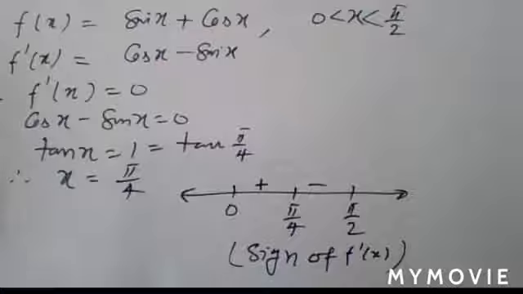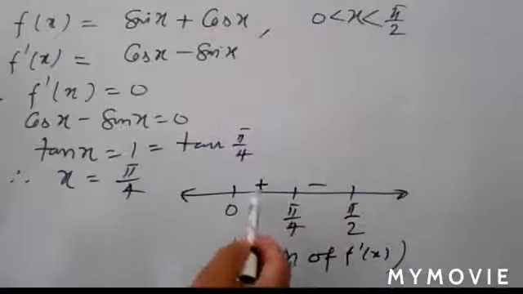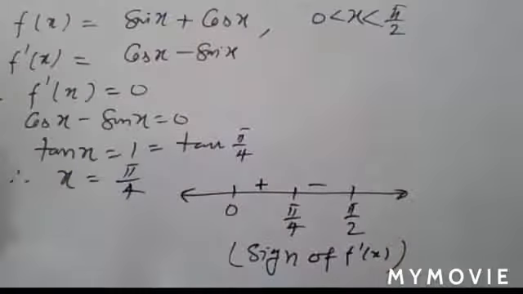So what you conclude here: in between 0 to pi by 4, you have only one point, which is pi by 4, and the sign of the derivative changes from positive to negative, so you can say x is equal to pi by 4 is a point of local maxima.